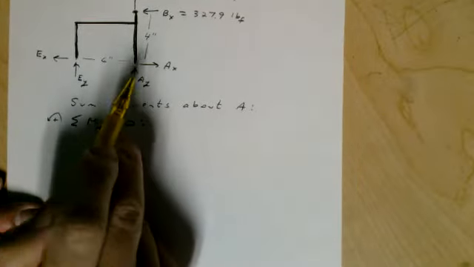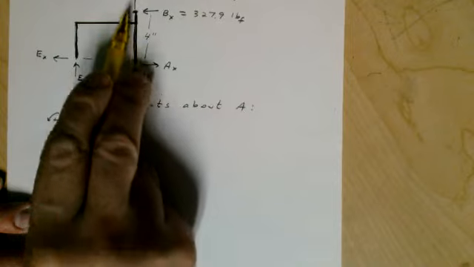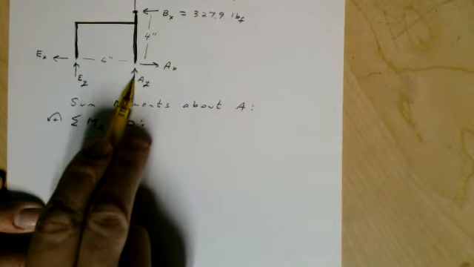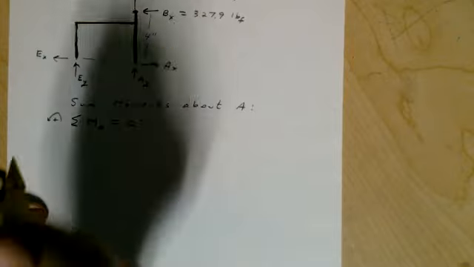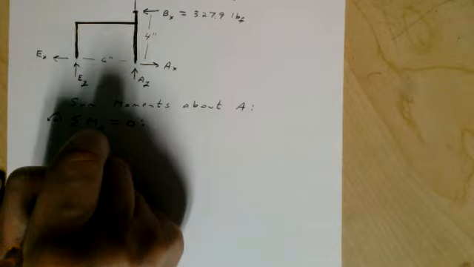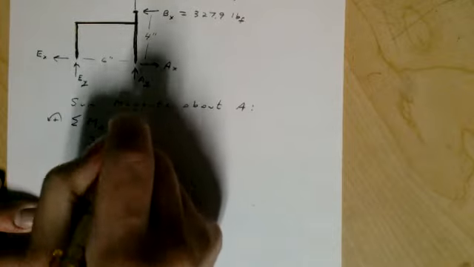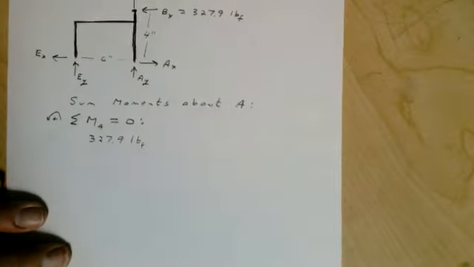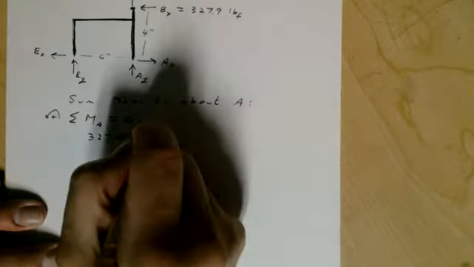If we sum the moments about A, notice BY is not relevant because it goes through A. So for BX, we have 327.9 going in the clockwise direction, so that'll be positive, and the moment arm there is 4 inches.